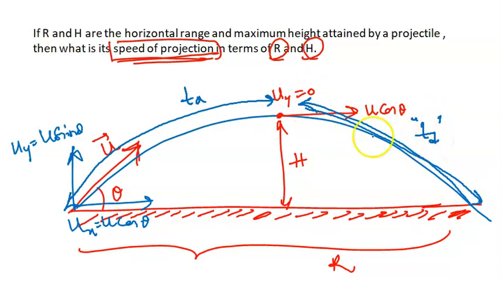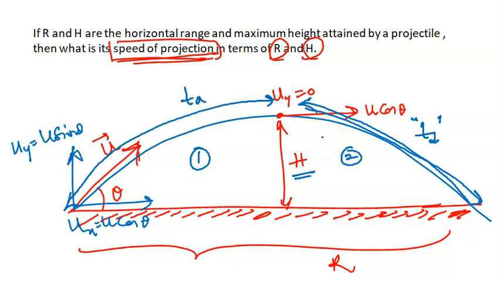As the projectile moves from the maximum height to the ground in the downward direction, the initial vertical component of velocity is 0. I am making the situation into two parts: first half is the upward journey, second half is the downward journey. In the downward journey, the initial vertical component of velocity is 0.